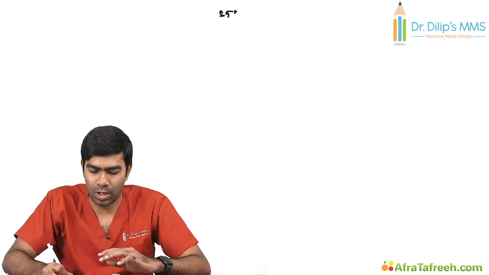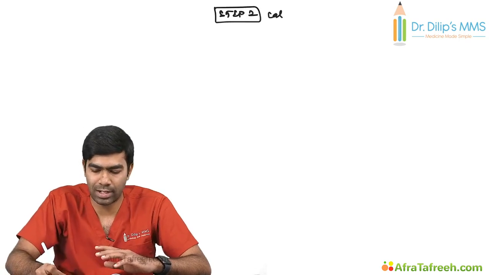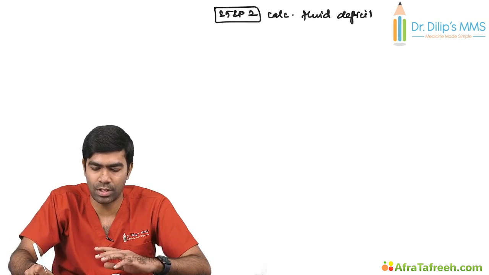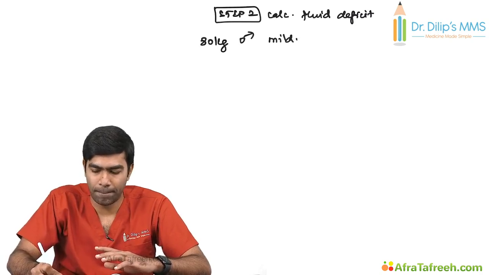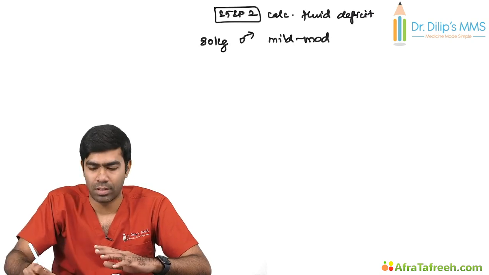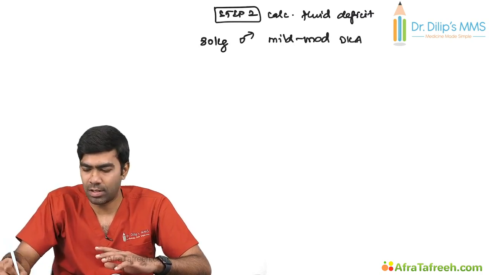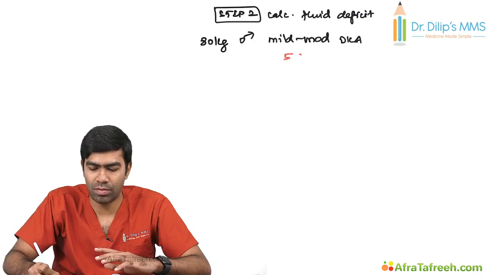So after step 1, dehydration assessment, I am moving to step 2 to calculate the fluid deficit in this individual. Let us take a standard patient who's an 80 kilogram old man coming with a mild to moderate decay, and obviously he will be having an estimated fluid deficit of 5 to 10%.